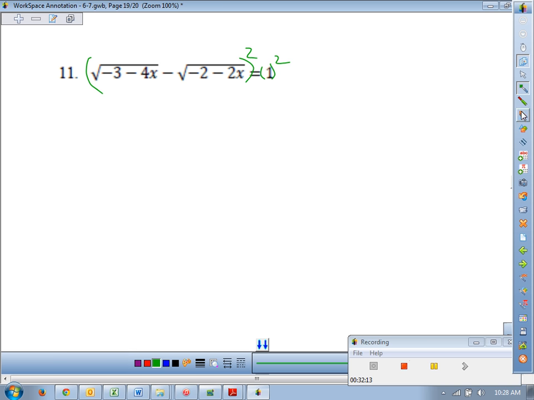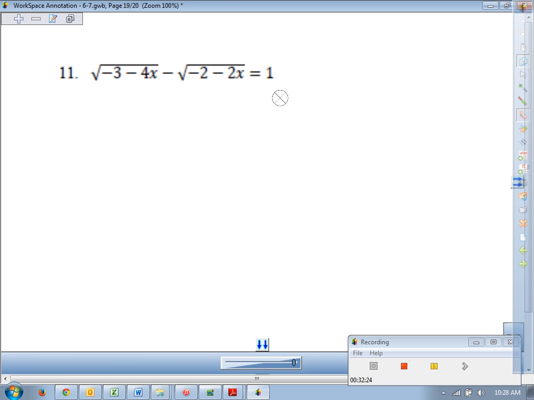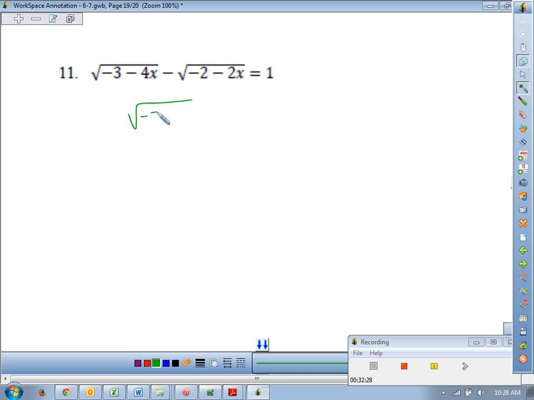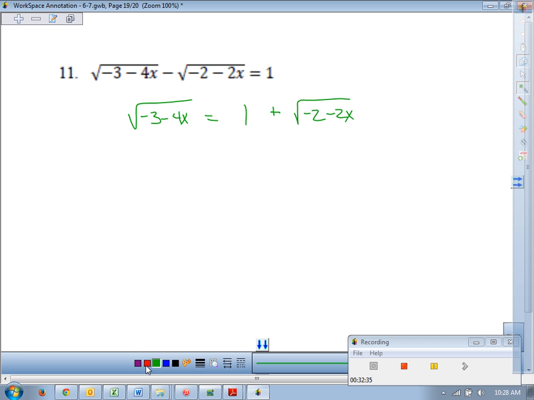The idea is, since there's more than one radical, can you isolate one radical? So see this minus the square roots of negative 2 minus 2x? Can we move them to the other side? So you got the square root of negative 3 minus 4x equals 1 plus the square root of negative 2 minus 2x. And even though you're like, well, it's still going to be a mess, yes, it will.